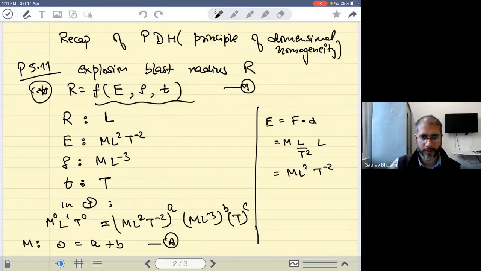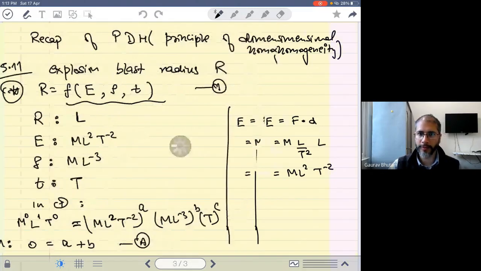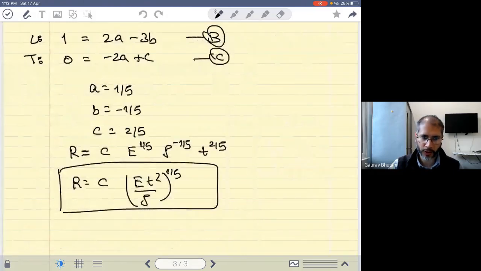And R does depend on E, rho, and t. If it did not depend on something, then the coefficient of that would have been 0. But it does depend on it, so there is some relationship. So the only relationship possible in this case was the one that we derived from dimensional homogeneity. Is that clear?